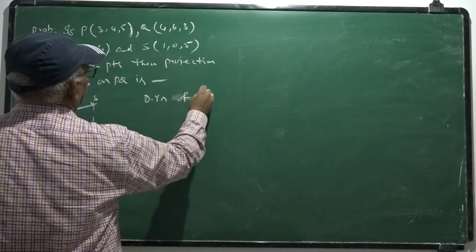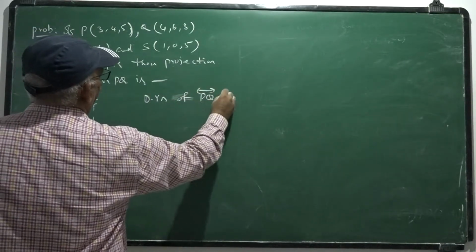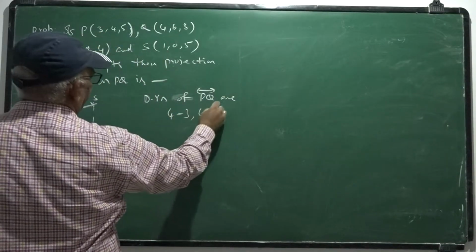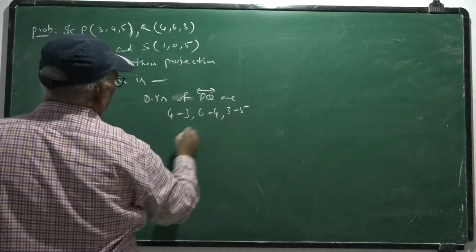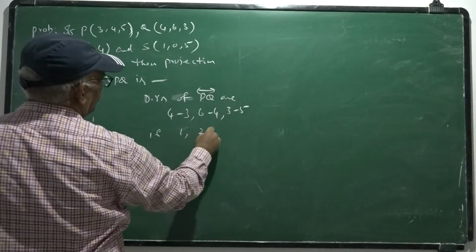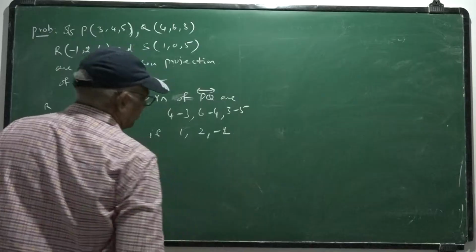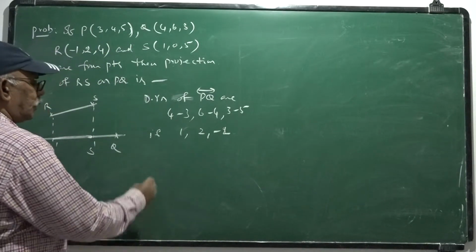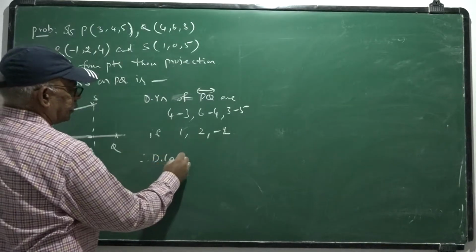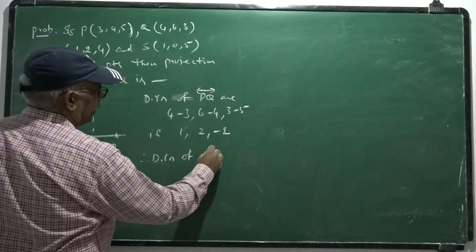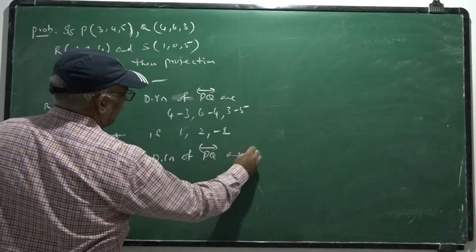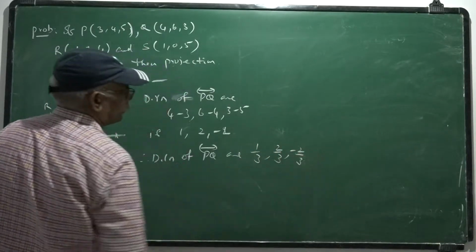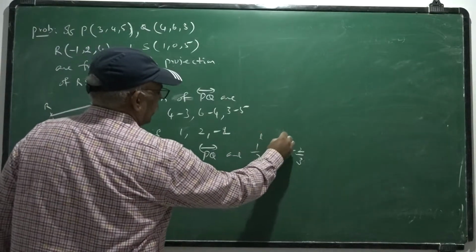DRs of line PQ are 4 minus 3, 6 minus 4, 3 minus 5. That is 1, 2, minus 2. Let them be a, b, c. So DCs of line PQ are 1 by 3, 2 by 3, minus 2 by 3. Let this be L, M, N.